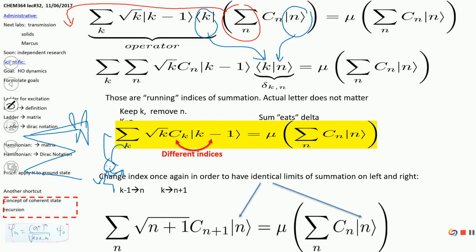But as a price, we will need to replace k with n, or n with k. There is one index less. So we replace n with k in here.